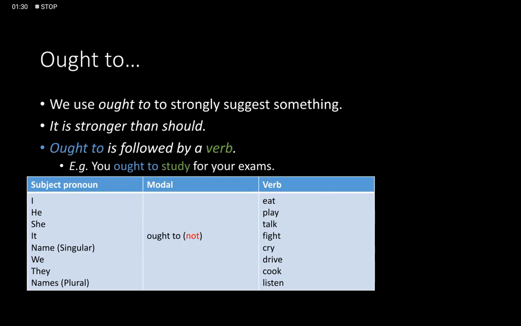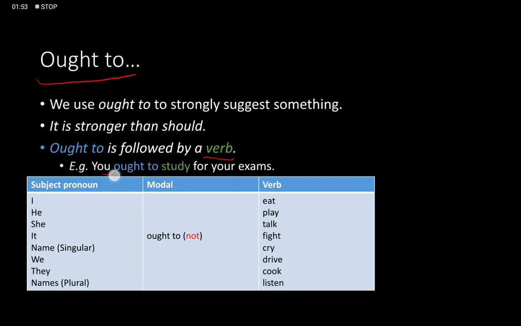Ought to, we use ought to strongly suggest something. Guys, this is stronger than should. If you say you should, but how you feel, your suggestion, your advice is stronger, then it's best if you say ought to. Okay, similar to should, ought to is followed by a verb.